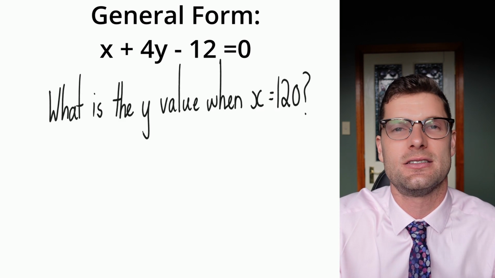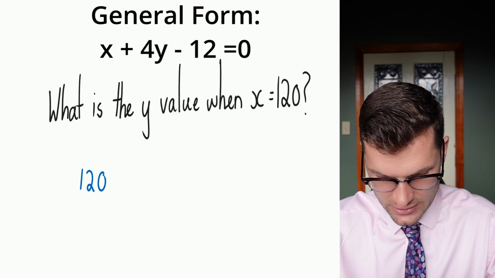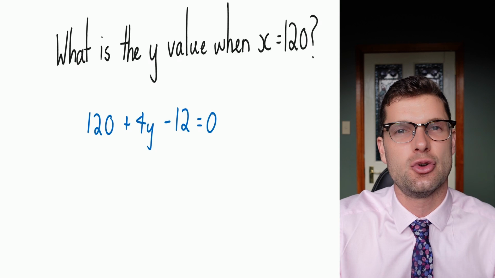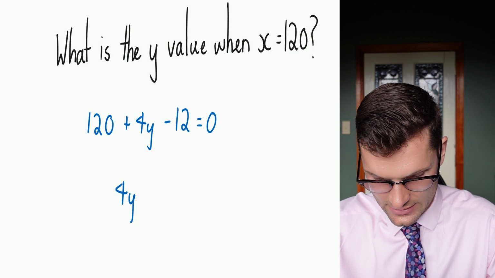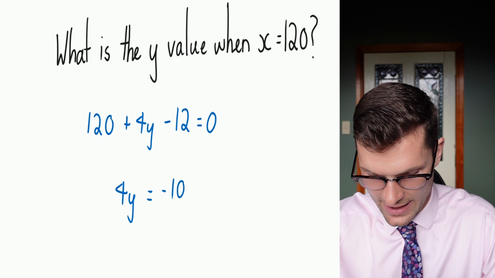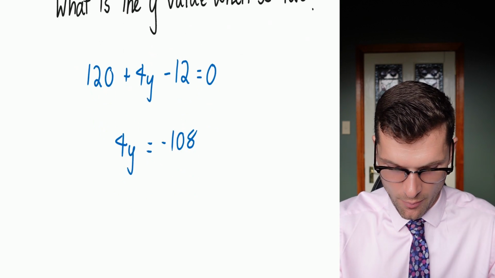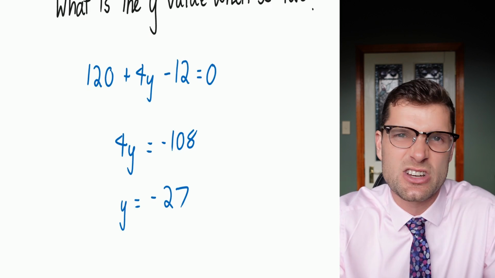So this could be just a little bit easier. So for this, I've got 100 plus 4y minus 12 is equal to 0. I'm going to collect those two numbers and move them onto the other side in one step. So I've got 4y is equal to minus 88. Now I've got to divide 4 from both sides to get y by itself, but y is equal to negative 22, which sounds about right.